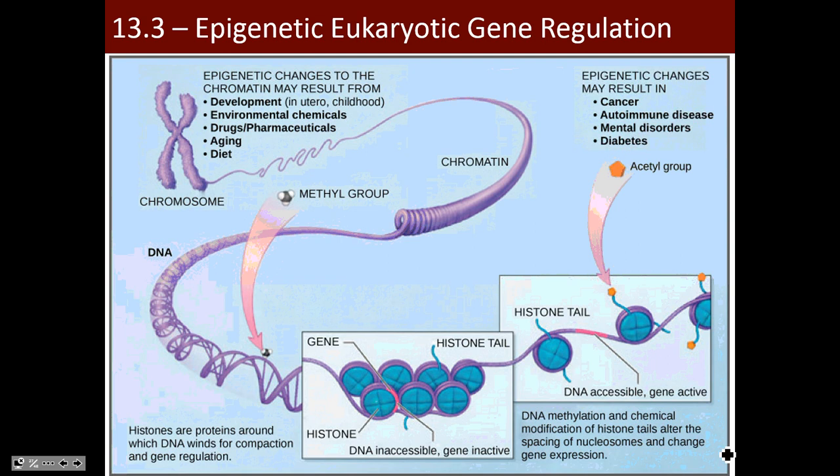And it might result in some unpleasant things like cancer and autoimmune diseases and mental disorders and diabetes that are linked to some combinations of those epigenetic patterns that are a result of these more environmental or experiential factors as opposed to raw genetic mutation. Our typical sense of inheritance is expanding as we think about how these gene expressions can be affected by experiences in life.